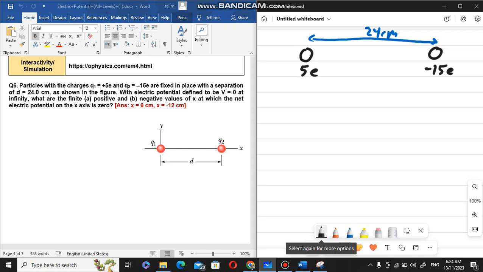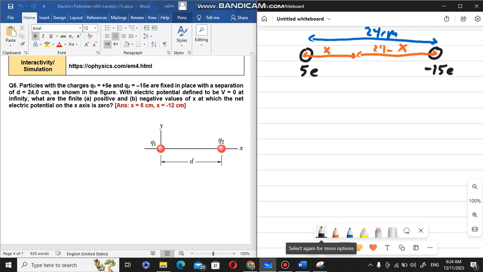For potential, they should always be of opposite signs in order to have an equilibrium position, because it's a scalar. We don't have direction for potential. So let's start with the first position. We say that this is x, this is 24 minus x.